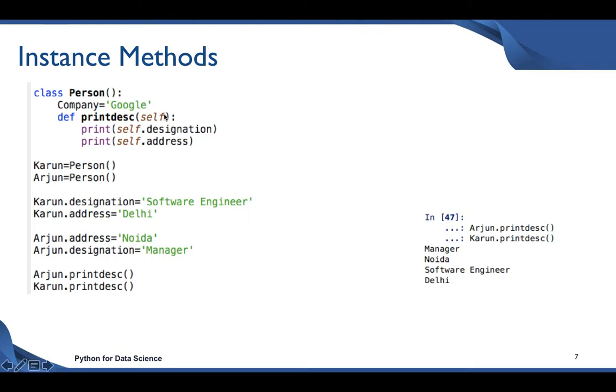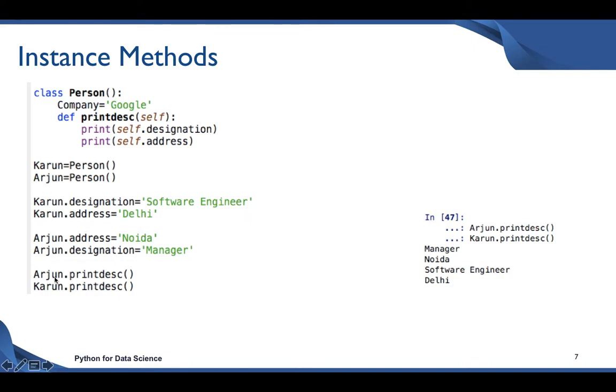So now here in this part, we'll say class equal to person and company equal to Google, and we define print description, where we have a self and self dot designation and self dot address. In this part, we create the instance variables: current dot designation is software engineer and current dot address is Delhi.